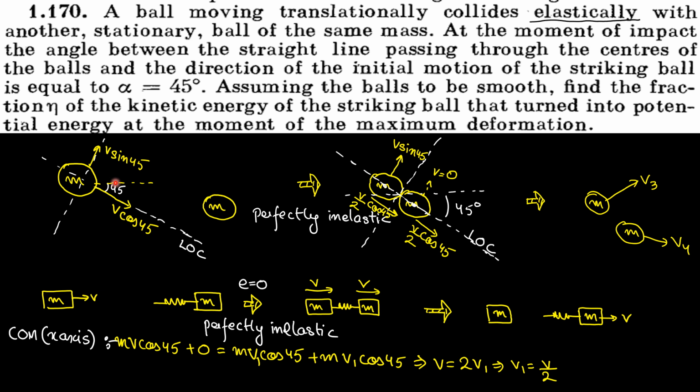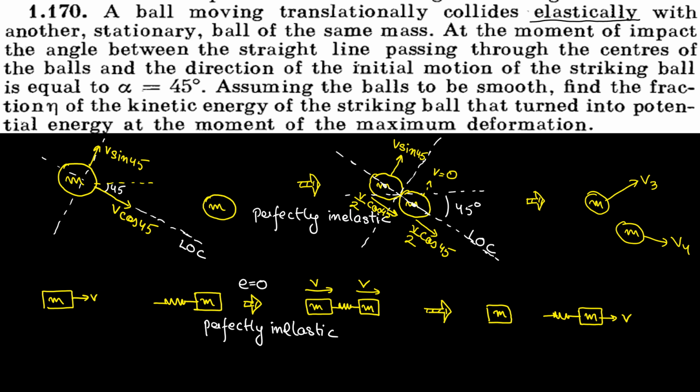Understood this much? Now I have to find out what amount of kinetic energy was converted to potential deformation energy. So what is the initial kinetic energy? Let me erase this one. Initial kinetic energy, you can either do half mv squared, or half m(v cos 45) squared plus half m(v sin 45) squared.